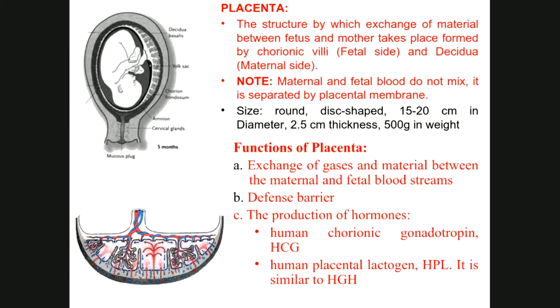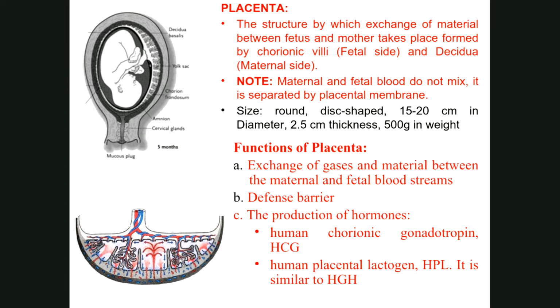It is the site of exchange of maternal and fetal gases and nutrients. But do remember that at the placenta there is no exchange of blood. The mother's blood and the fetus's blood are totally separated by a membrane known as the placental membrane.